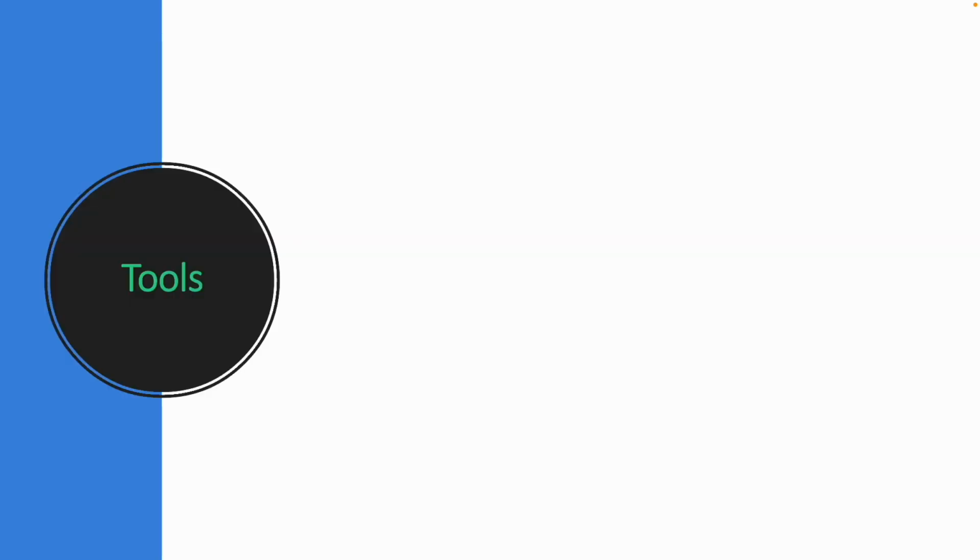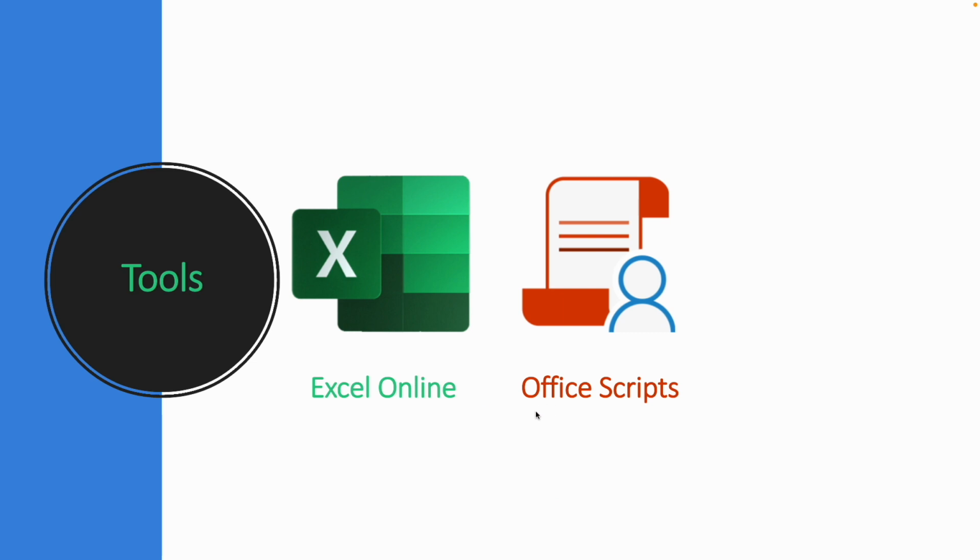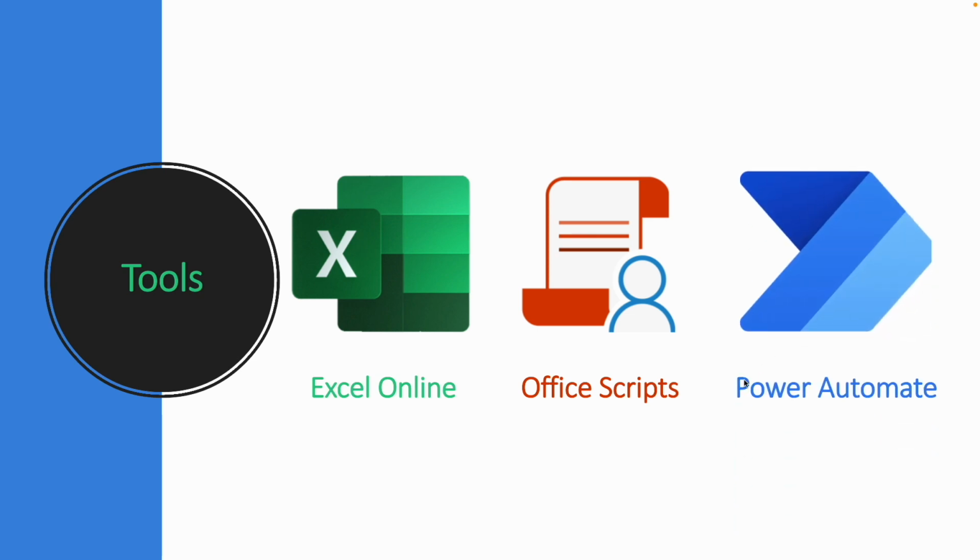Okay, and for the tools we're going to use here, first of all, you need to have Excel Online, and you need to know how to use Office Script. This part is the most important part we're going to focus on in this new series. And the last part, which is also very popular, is called Power Automate.